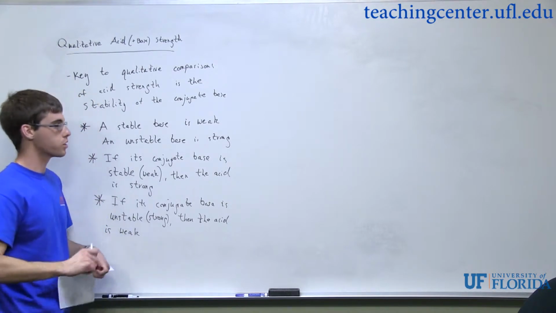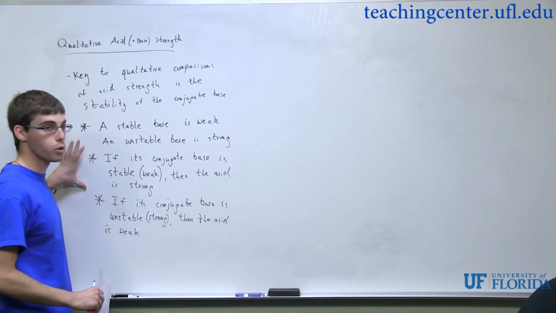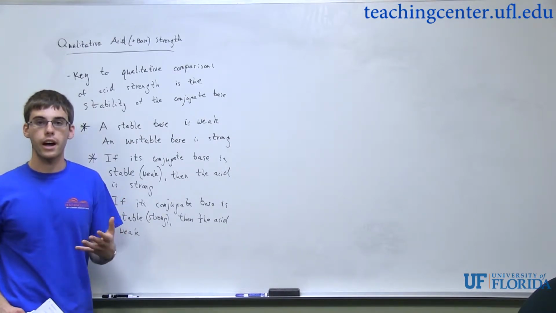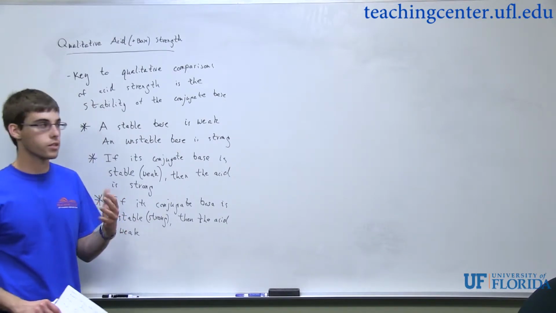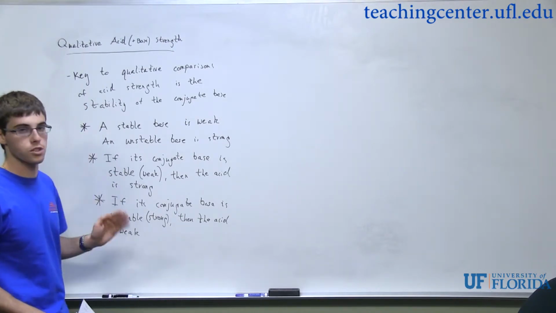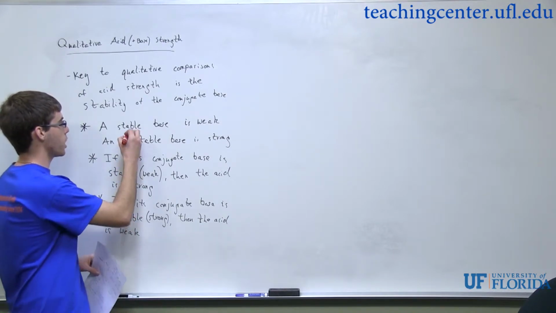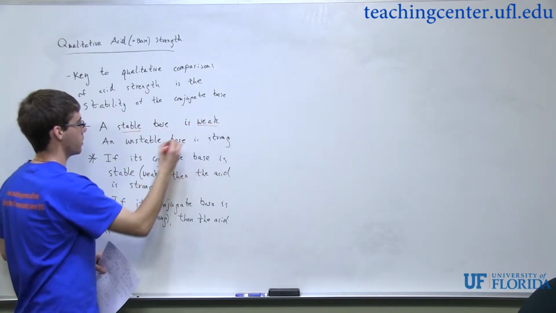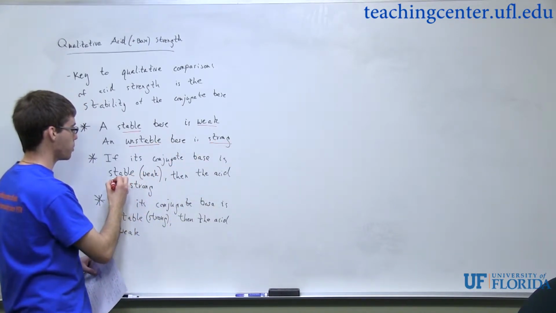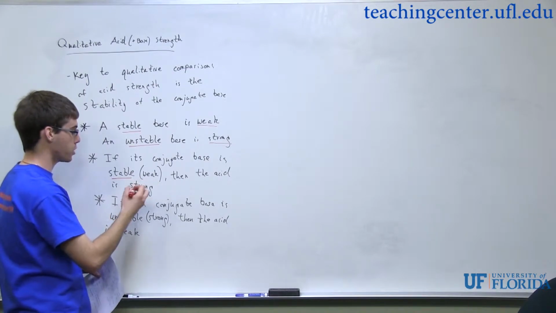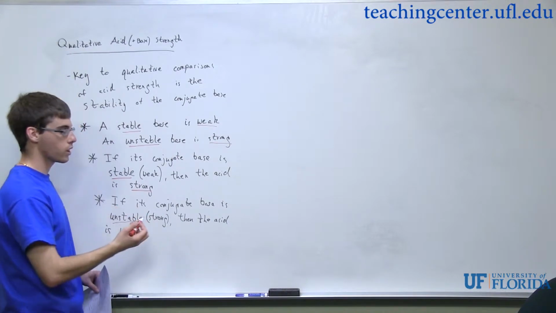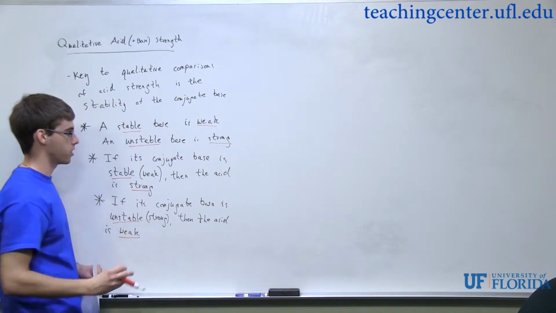So I'll just go over this one more time. These are really important rules. To be able to compare acid strength or base strength qualitatively, you need to understand this. These are a couple important sentences to really commit to memory. A stable base is weak. An unstable base is strong. If you have a stable conjugate base, you have a strong acid. If you have an unstable conjugate base, then you have a weak acid.